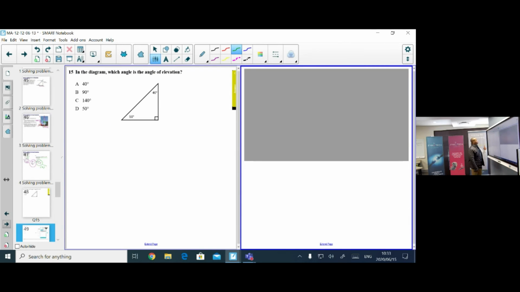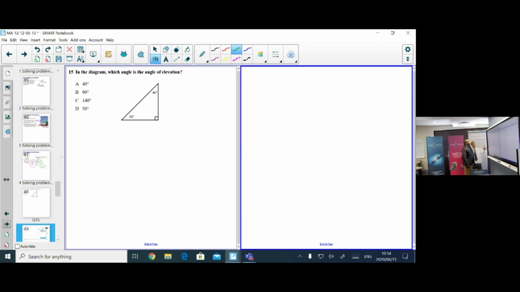Let's give ourselves a challenge now to solve one of the questions. So question 15, we want to look at it in this way that if we have a diagram that is given, which angle is the angle of elevation?